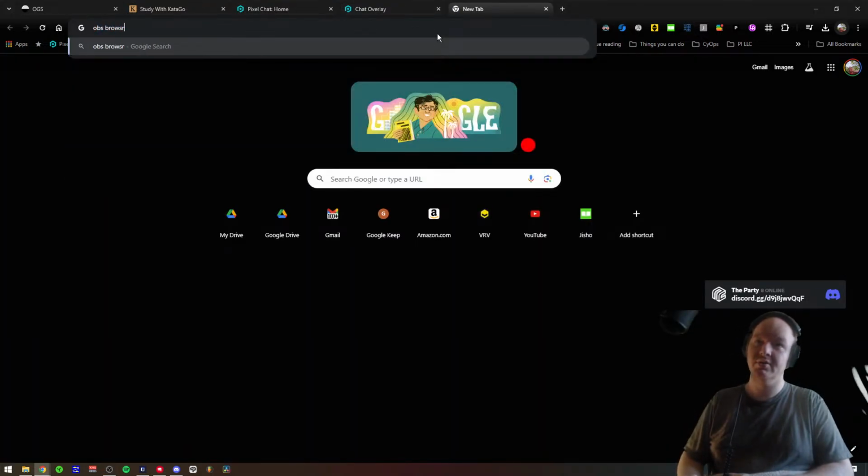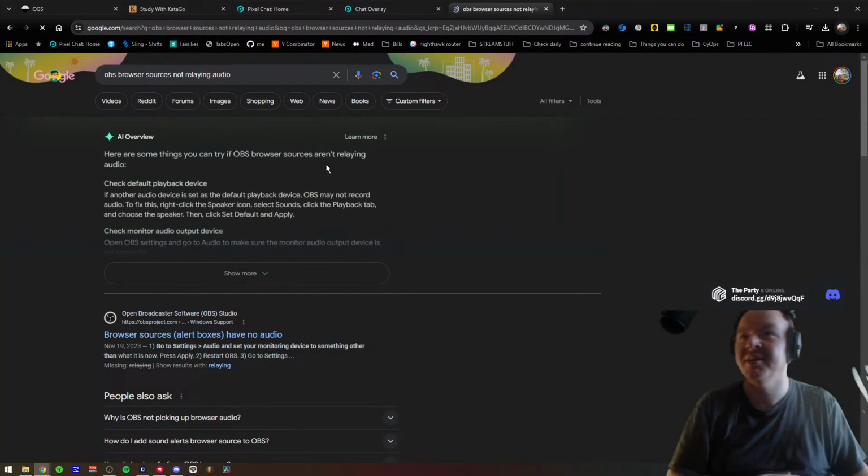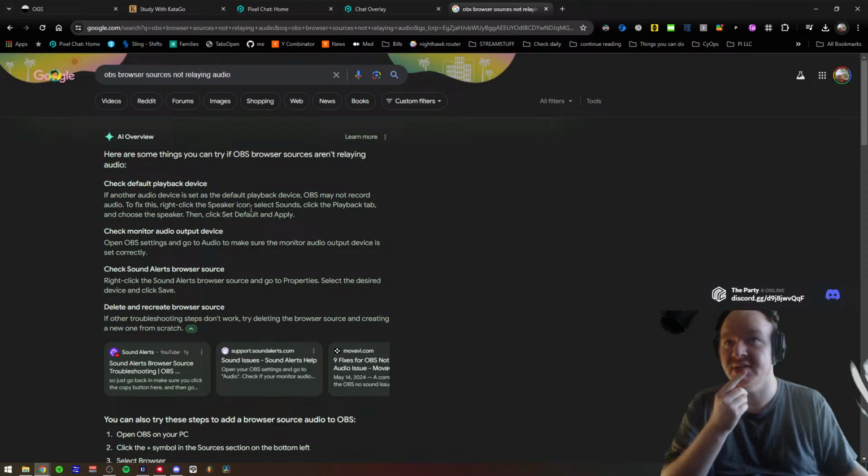OBS browser sources not relaying audio. Check default playback device. Check monitor audio output device. Sound alerts browser source. Select the desired device and save. Delete, recreate browser source.